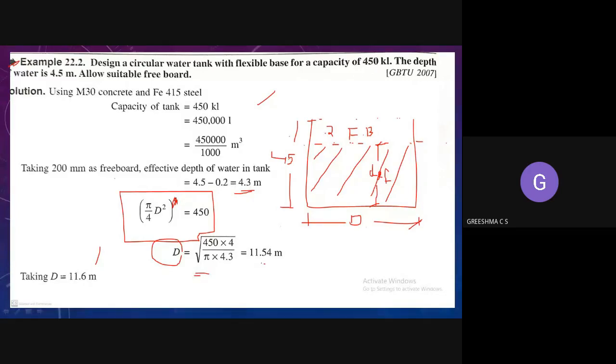So the diameter has to be taken as 11.54, approximately, so you can round it to 11.6 meters. So the diameter of the water tank you can take as 11.6 meters.